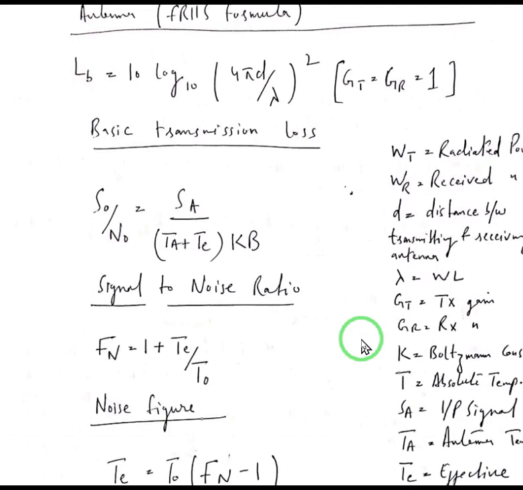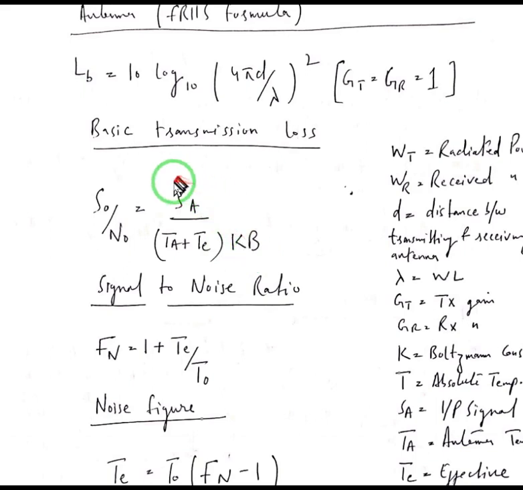The next is the signal to noise ratio, which is very important in signals and transmissions. It defines how much noise is present in the signal, or how much signal strength is found in the transmission signal. It is the ratio of signal and noise, simplified as SA divided by (TA plus TE) times KB.